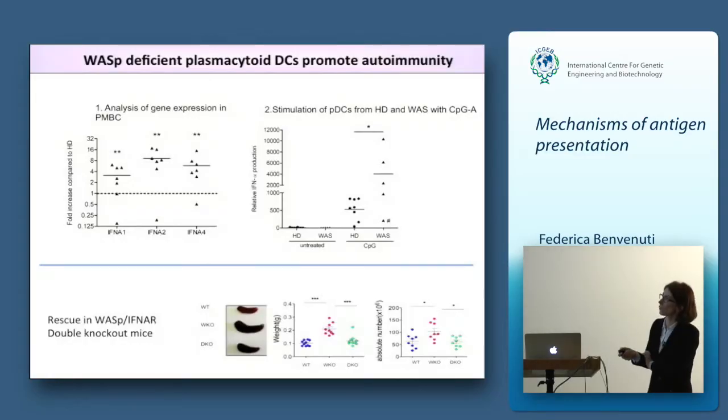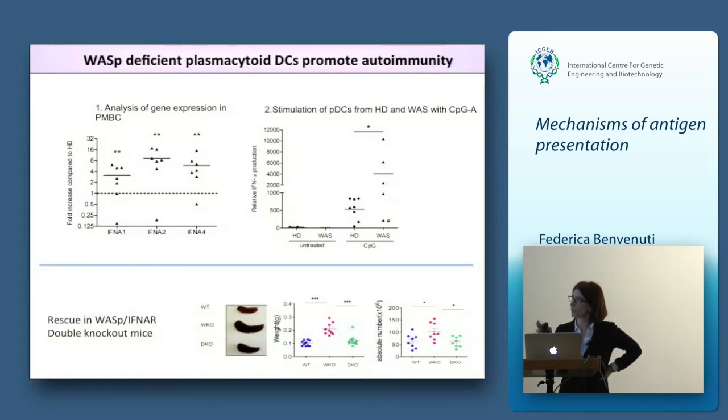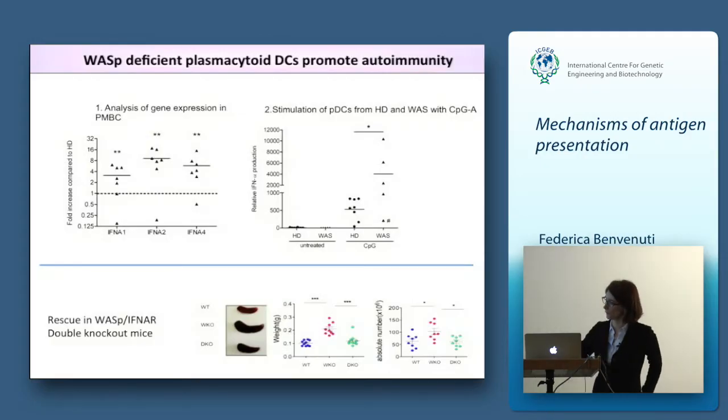And finally, by crossing the WASP-deficient mice to IFNAR receptor deficient animals, so abrogating signaling through the interferon receptor, we could rescue some of the autoimmune signs, overall proving that in this syndrome autoimmunity is explained at least in part by a hyperactivation of plasmacytoid dendritic cells and the interferon pathway.